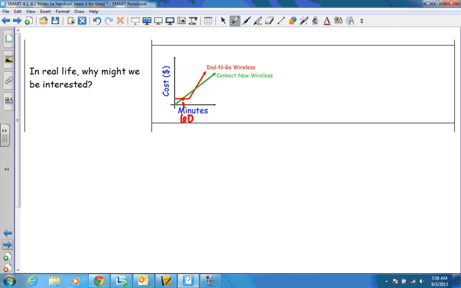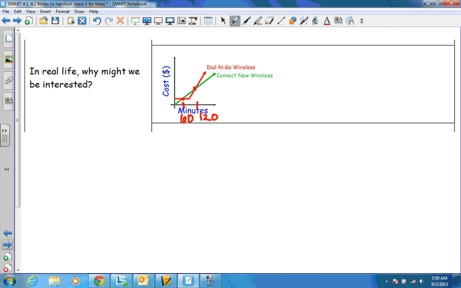Then which one would be the better value, Dial and Go or Connect Now Wireless? Well, look at the cost. Do you want a high cost or a low cost? You would want Connect Now Wireless if you only did the 60 minutes. Well, let's say that you talk anywhere between 60 and 120 minutes. Which one would you want?